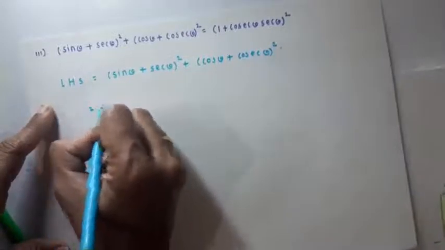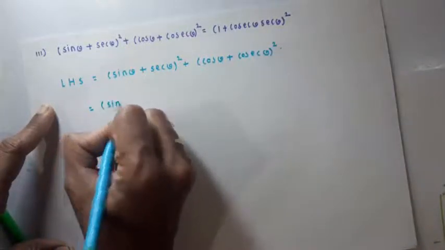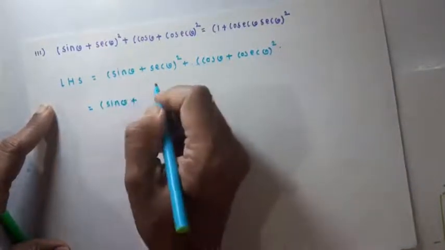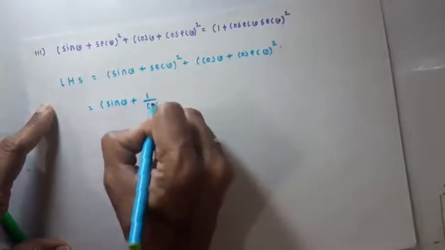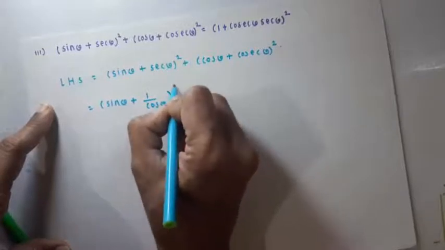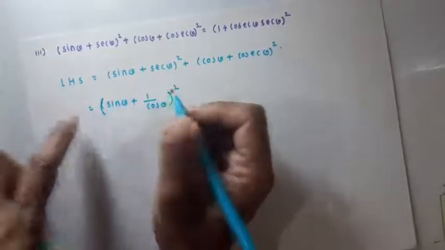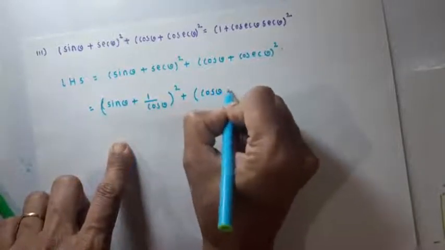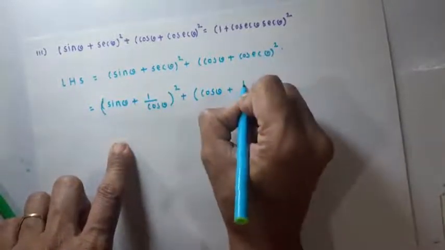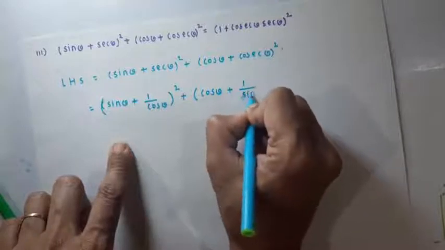So this is equal to sin theta plus, sec theta is 1 upon cos theta, so 1 upon cos theta whole square. Plus cos theta as it is plus, cosec theta is 1 upon sin theta, whole square.